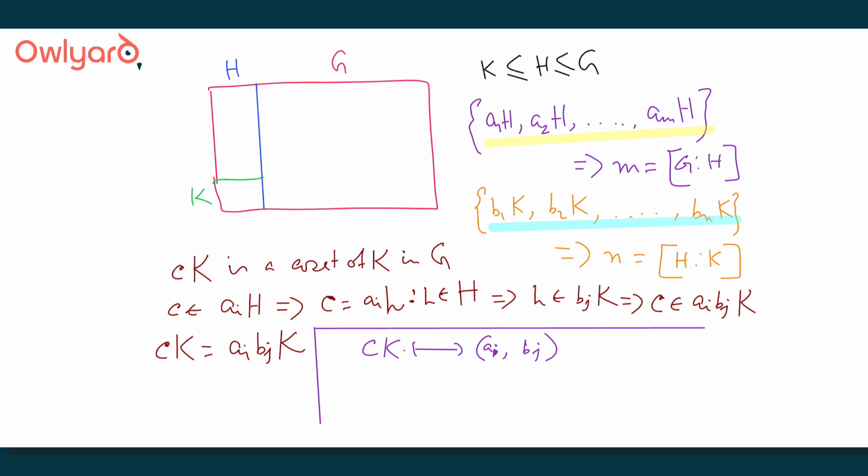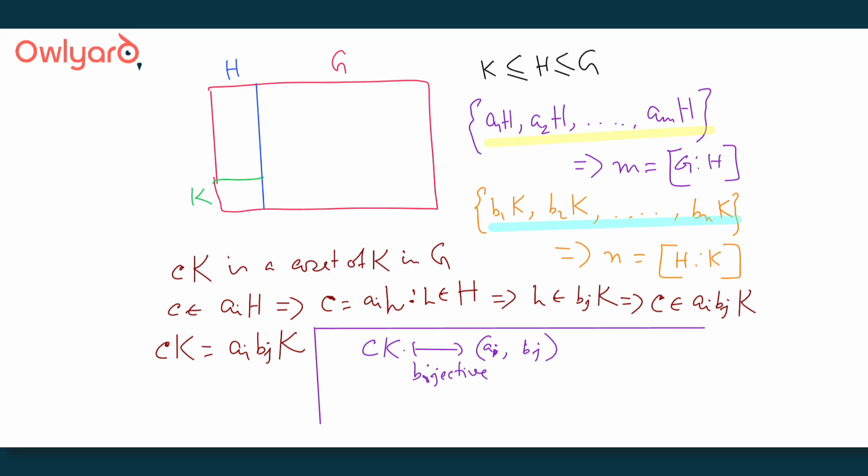Now, notice that this map is bijective, because the way I'm constructing it, it's onto, it's surjective, and for every coset CK, these I and J are unique. The uniqueness is guaranteed by the property of cosets themselves. Any element can belong to only one coset, right? So therefore, this is injective as well. So injectivity and surjectivity tell you that this is a bijective map.